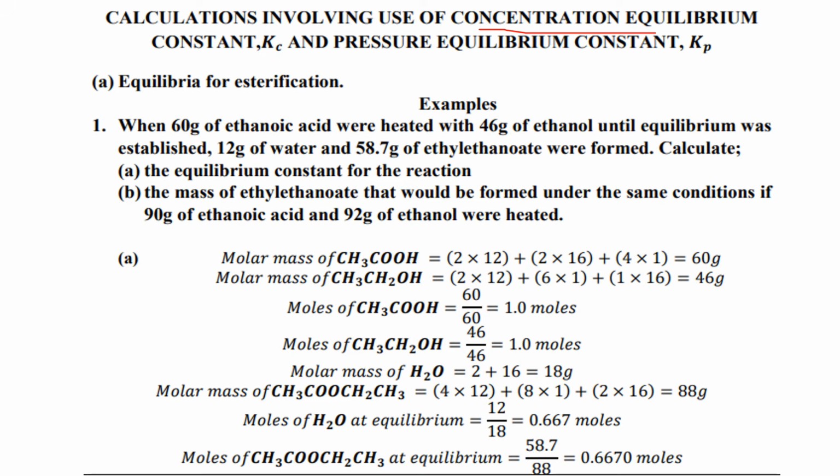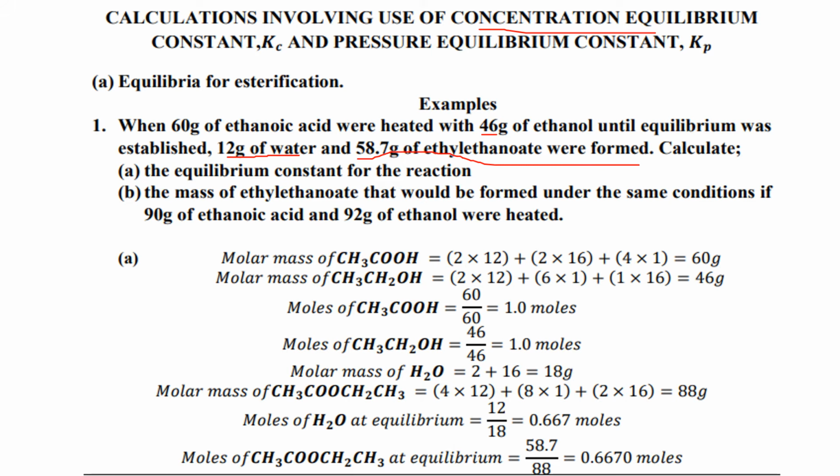So examples, remember that in our experiments we have been using moles. So whenever you're given mass, you have to find moles. So basically it was about this question. In this question, you are being told when 60 grams of ethanoic acid were heated with 46 grams of ethanol until equilibrium was established, 12 grams of water and 58.7 grams of ethyl ethanoate were formed.